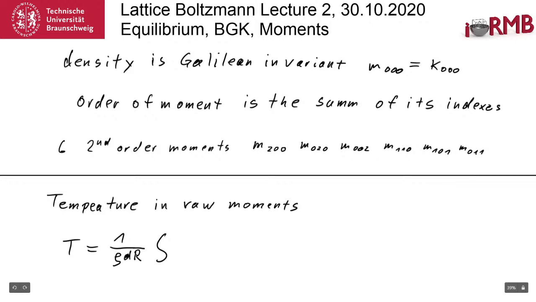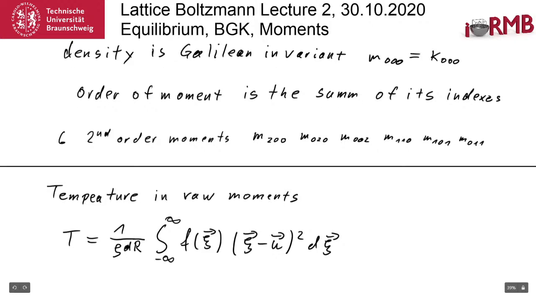Sometimes in kinetic theory we assume that the gas constant is equal to 1, and so we leave it out. But to be consistent, we have to have it here. So this here was our definition of temperature.